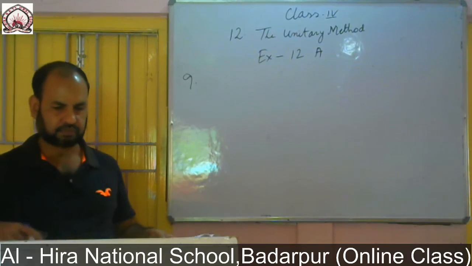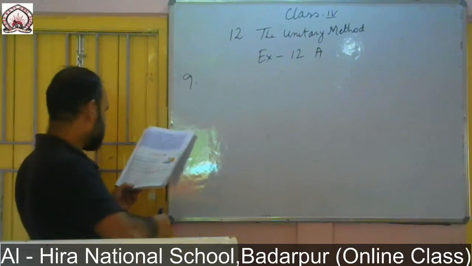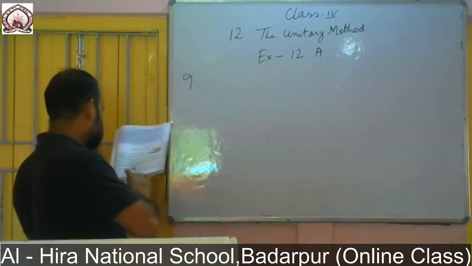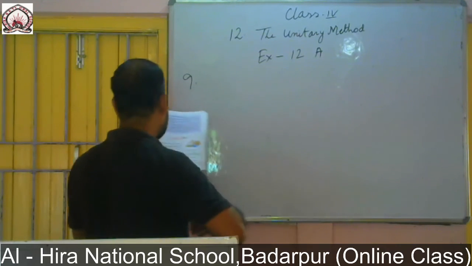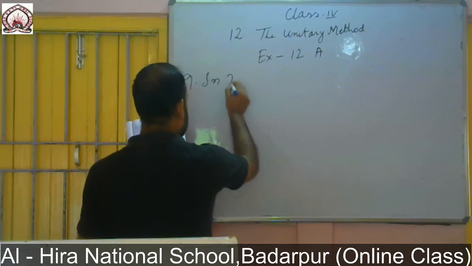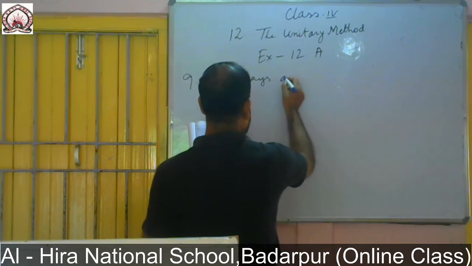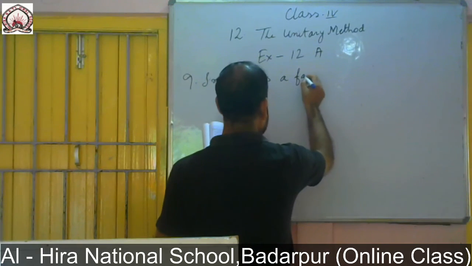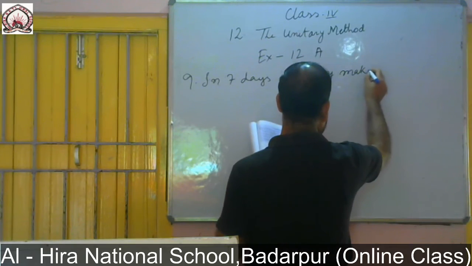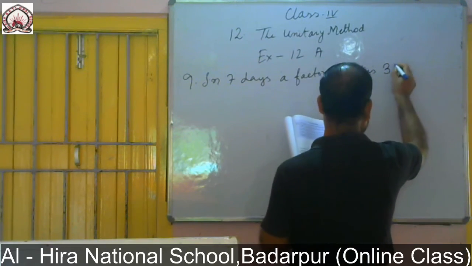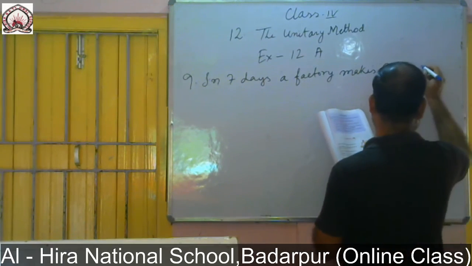So in 7 days, a factory makes 3500 bicycles.